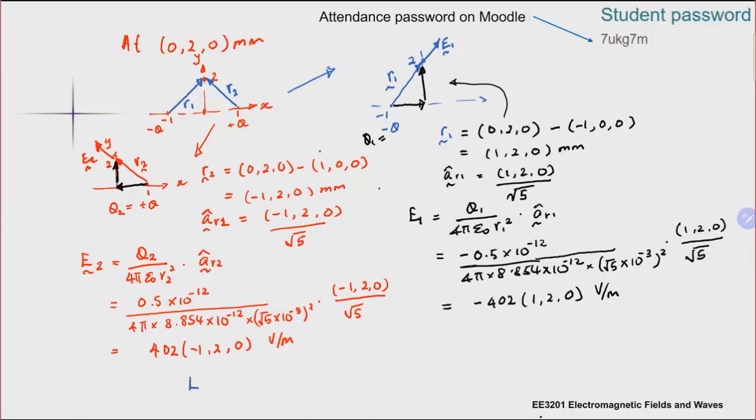The total electric field will be the vector sum of E1 plus E2.